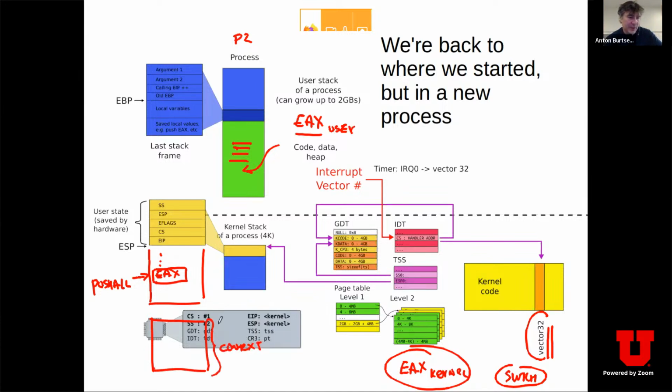I would agree with you, but remember, the context is only 5 fields, and EAX is not one of them, because EAX is not a callee-saved register. But that's a good guess. If I change the register from EAX to ESI or another callee-saved register, then yes, it would be saved here. But EAX is not there.